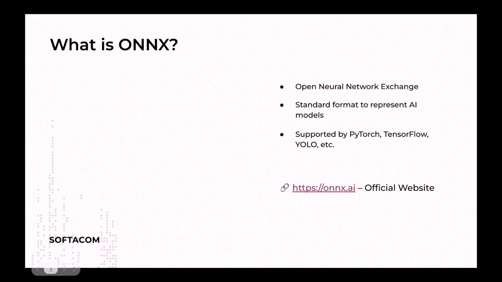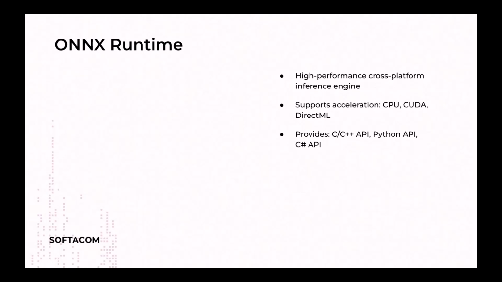ONNX is a file format for machine learning models. It allows models trained in one framework, like PyTorch, to be used in other environments. It's like a common language for AI models. And ONNX Runtime is an engine for running machine learning models efficiently. It supports many types of models and works on different platforms.